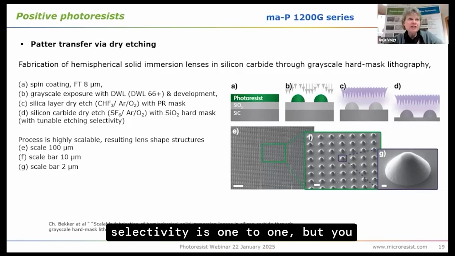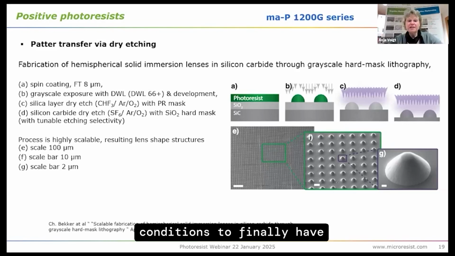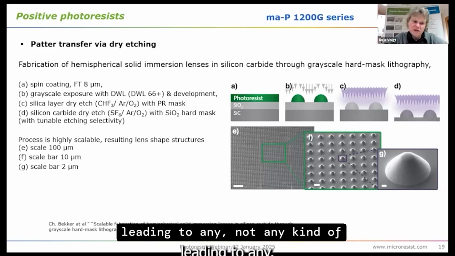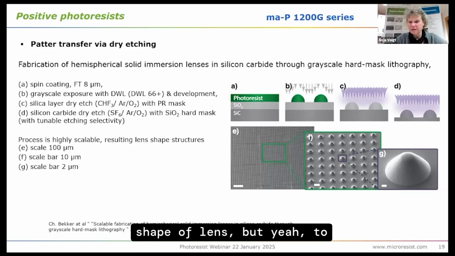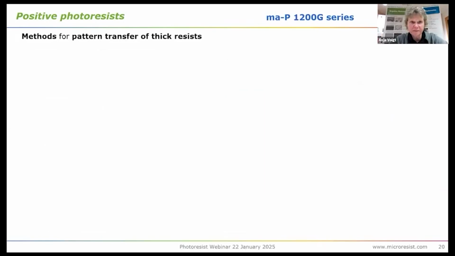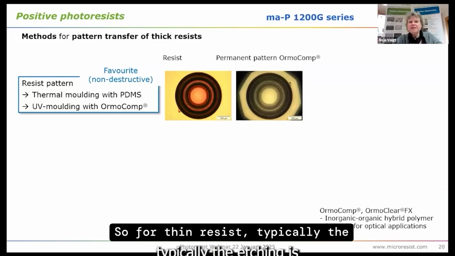This is done by fine-tuning of the etching conditions. Typically the etching selectivity is 1:1, but you can also tune the etching conditions to finally have different etching rates, leading to not just the same shape of the lens, but to slightly adapt the shape to what you want for your application. For thin resist, the etching is a commonly used transfer process.